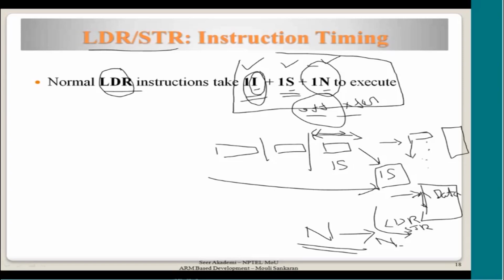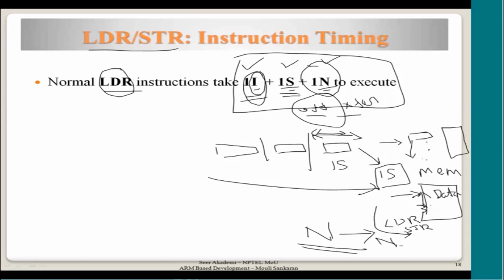So you may wonder why they are separately giving S and N. The sequential cycle and non-sequential cycle, exactly how much time they take depends on the memory being used. It is not fixed. Suppose in my system I have a 16-bit data width memory, then I may use 2 cycles for doing the access, compared to a 32-bit memory.